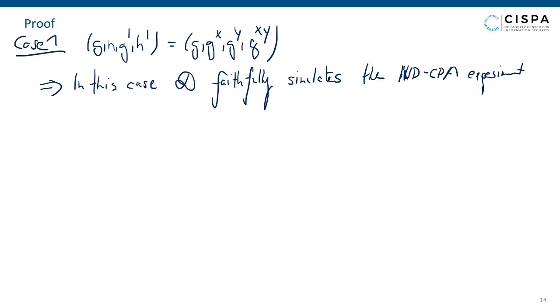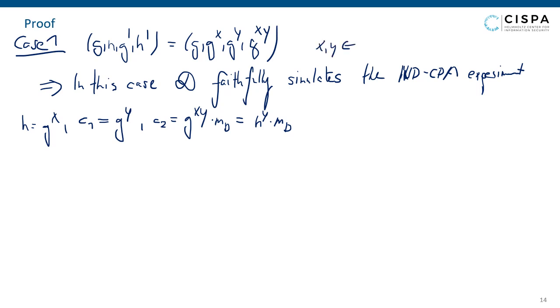Well, in this case, we will have that C1 equals G to the Y, and C2 equals G to the XY times MB. But of course, H will be G to the X, so this will just be H to the Y times MB, right? In such a DDH tuple, of course, X, Y are chosen uniformly random from ZP.